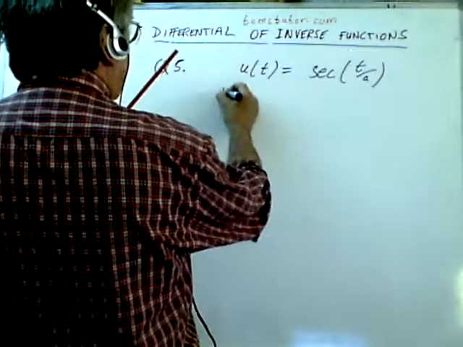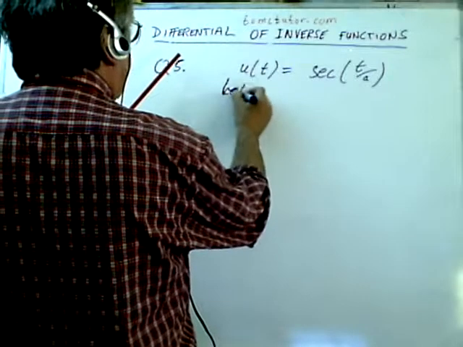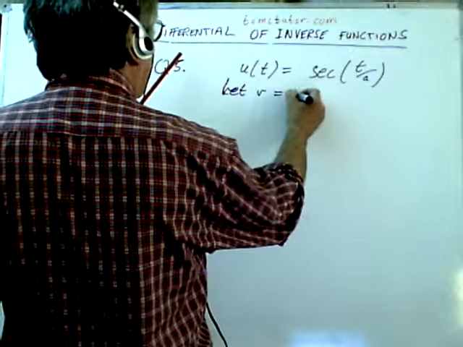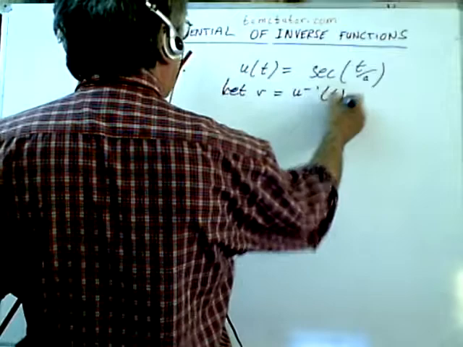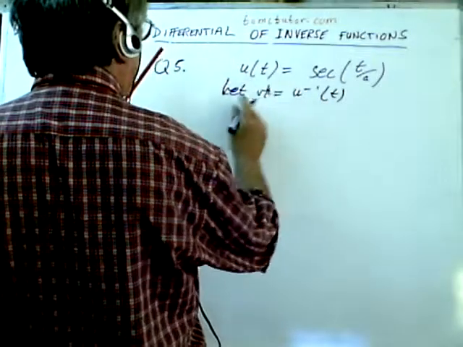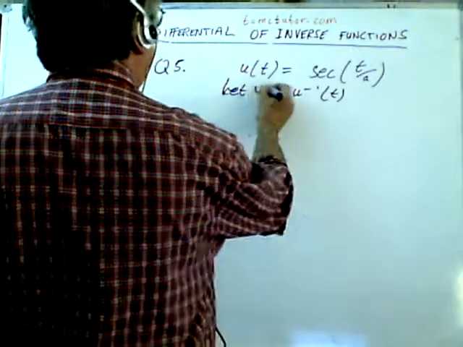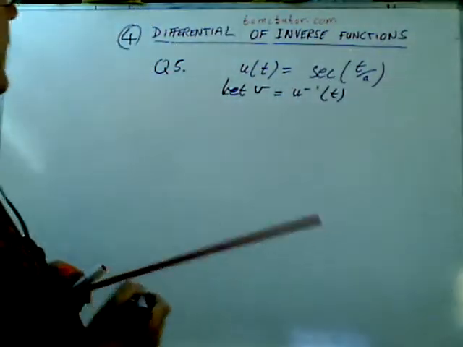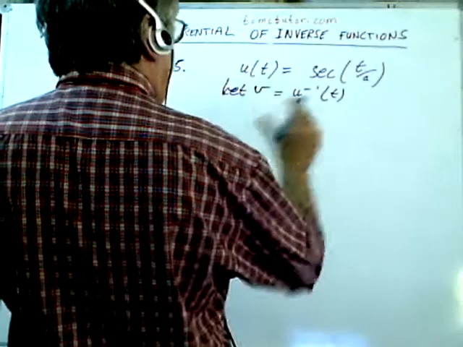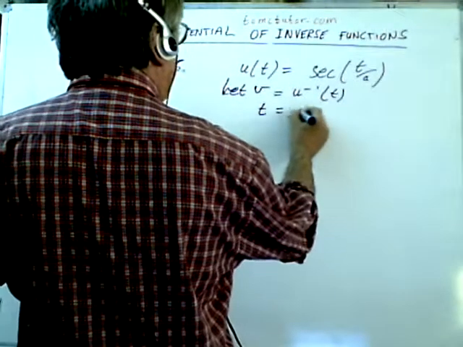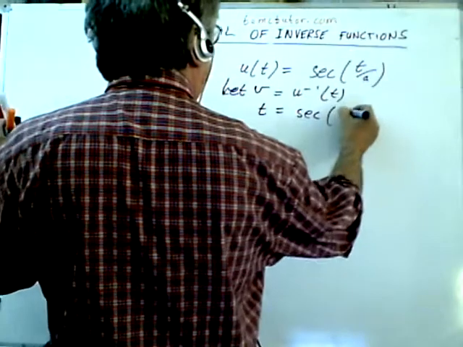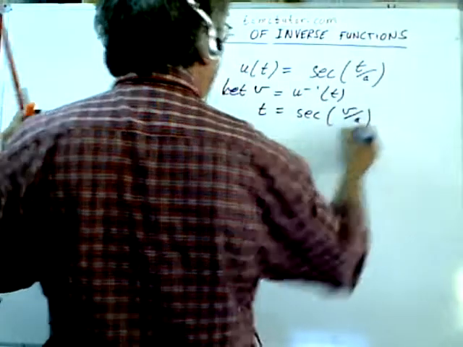So what we do here is we say let v equal u minus 1 of t. So v of t, I should say. Well, doesn't matter. Let v equal the inverse function. If that's the case, then t has to be equal to the sec of v upon a.